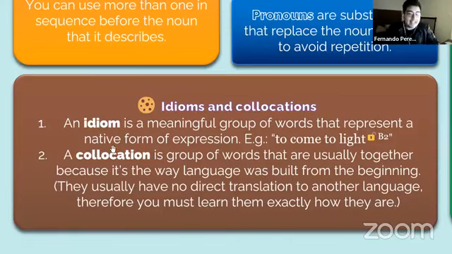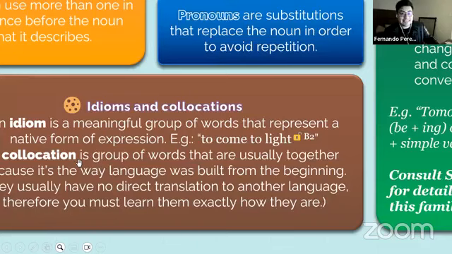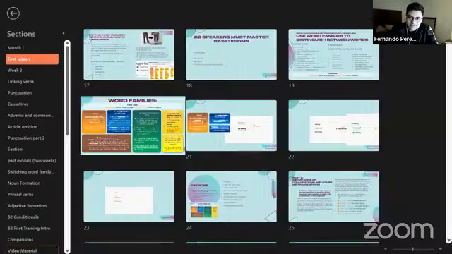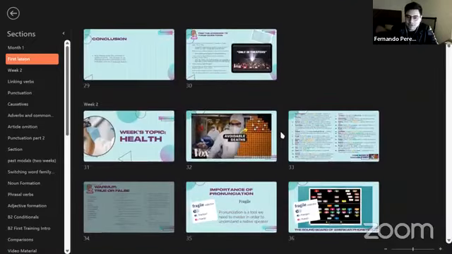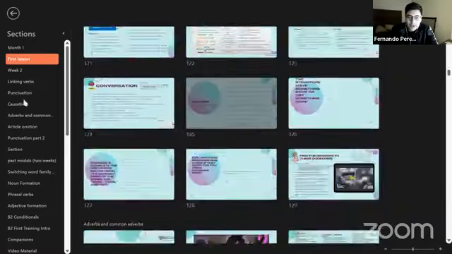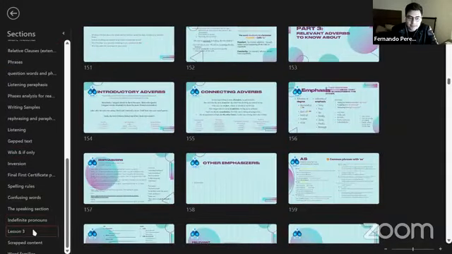Okay, and that precisely takes me to the strategy. When we learn English and for the listening, it's very effective to learn by phrases instead of simple words. This is what we are going to study in the following classes. What is a phrase?